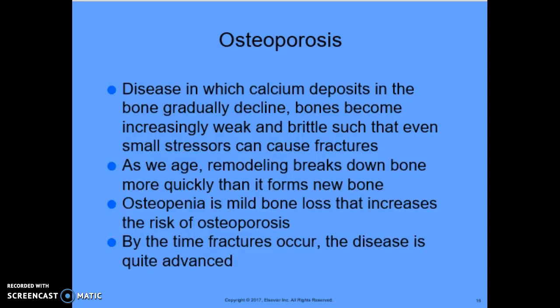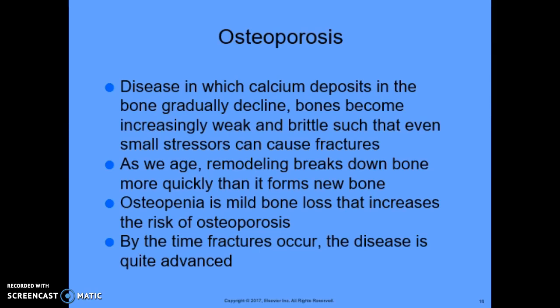So osteoporosis, different than osteomalacia. Osteoporosis is a disease in which the calcium deposits in the bone gradually decline. Bones become increasingly weak and brittle, such that even small stressors can cause fractures. And as we age, the remodeling breaks down the bone more quickly than it can form new bone.